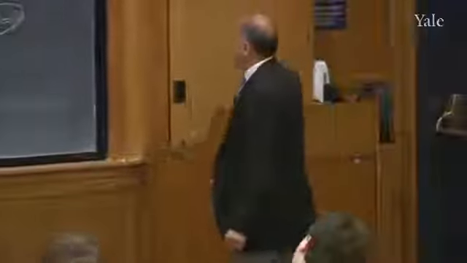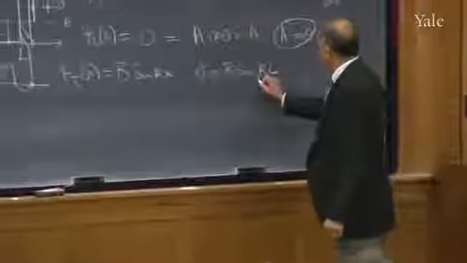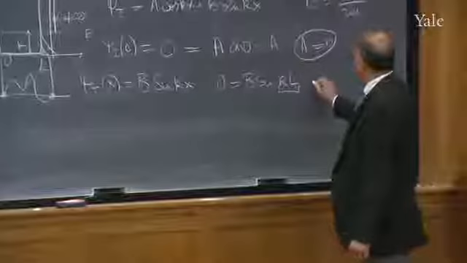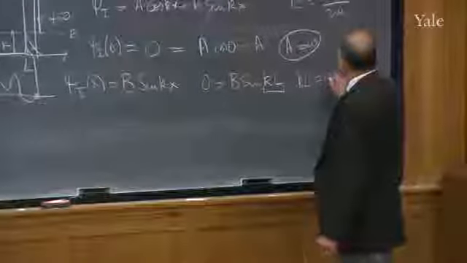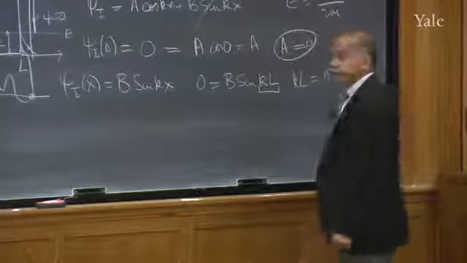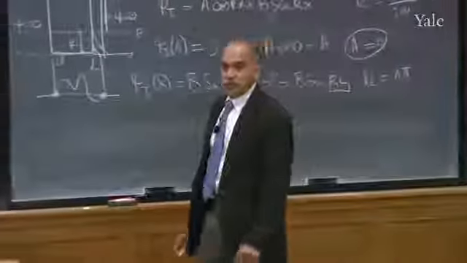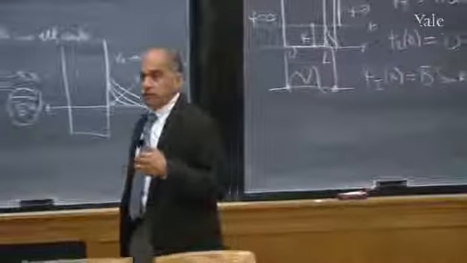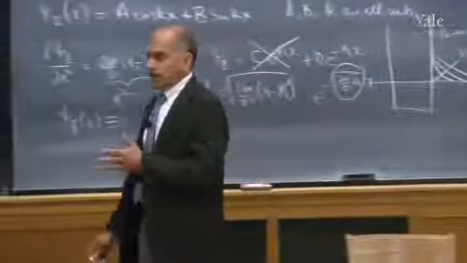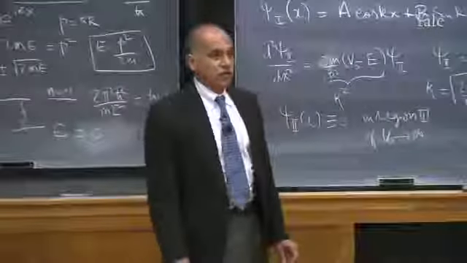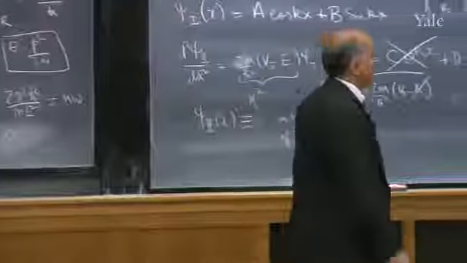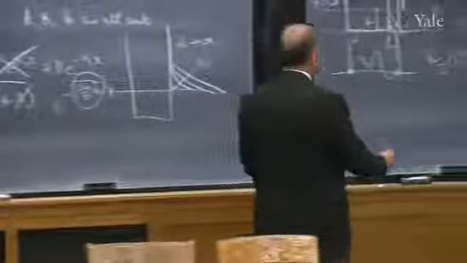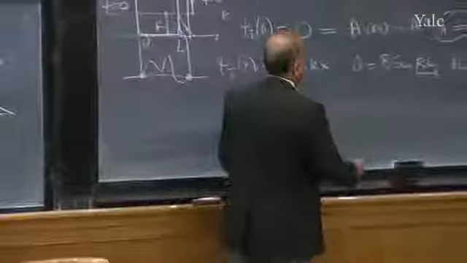So you don't want to kill B, so you want to blame the 0 on the sine, and the sine, as you know, vanishes for any multiple of pi. You can have 0 times pi, 2 pi, 3 pi, 4 pi, minus 6 pi. They all give you 0 for sine. Therefore, k is quantized to be one of these numbers.